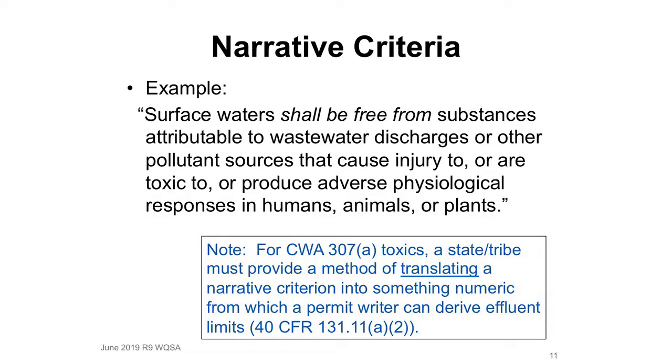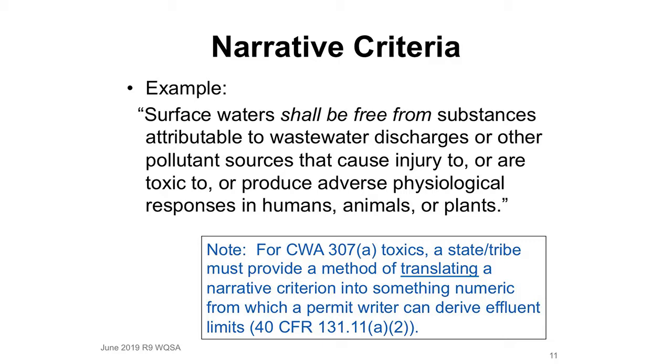Narrative criteria. These are the free-form criteria. You'll see them where you can't develop a numeric. This example, which I can read, or you can read: Surface waters shall be free from substances attributed to wastewater discharges or other pollutant sources that cause injury to, are toxic to, or produce adverse physiological responses in humans, animals, and plants.